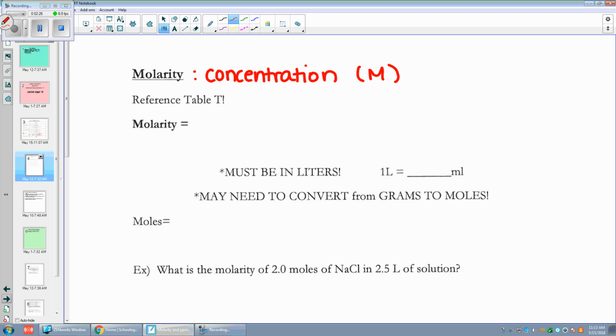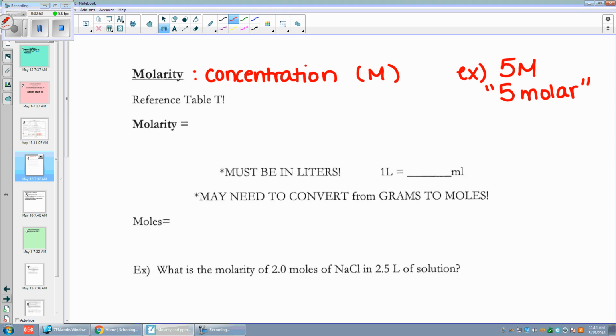If you do not capitalize it, that will not be correct. An example of this might be if you see 5M. How I say that, M is molar. So this would be saying that my concentration is 5 molar. So molar has to do with molarity.